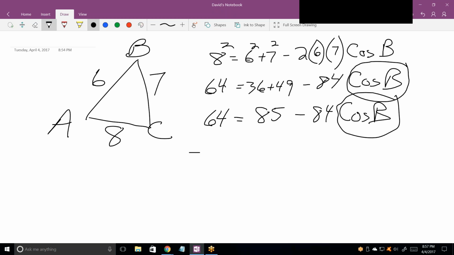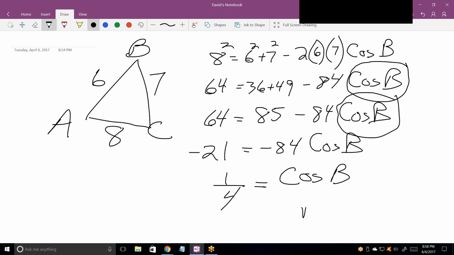Okay, that makes minus 21 equals minus 84 cosine of B. What next? Well, you could get rid of the negatives. Okay. And that's 21 over 84 equals cosine of B. Yeah, that happens to be 1/4.